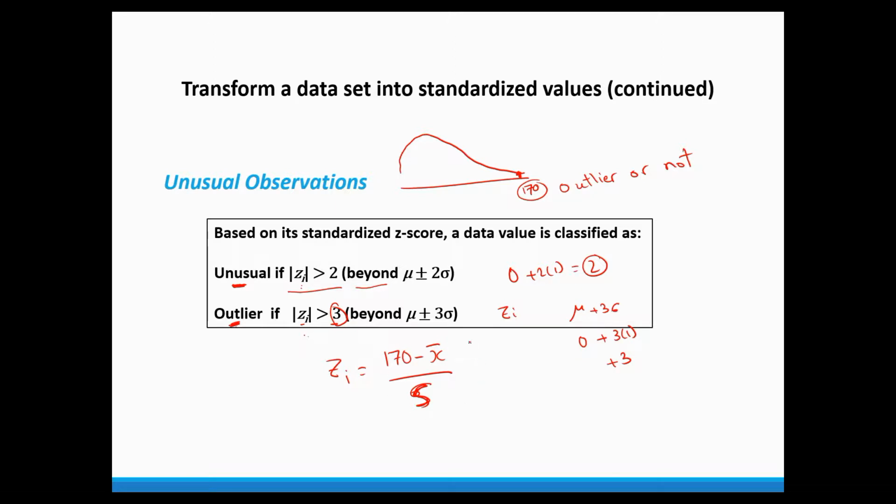After obtaining this z-score, or the standardized value, we check if the absolute value of zi is greater than 2. In this case, it's unusual, and if the z-score is greater than 3, in this case it's called an outlier.